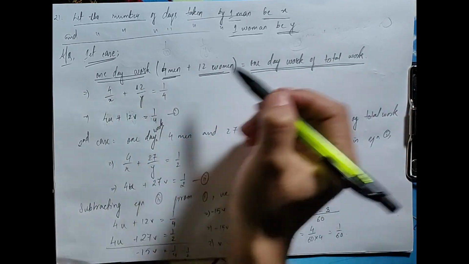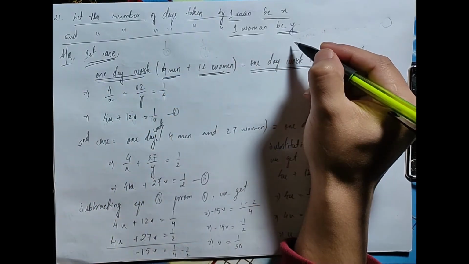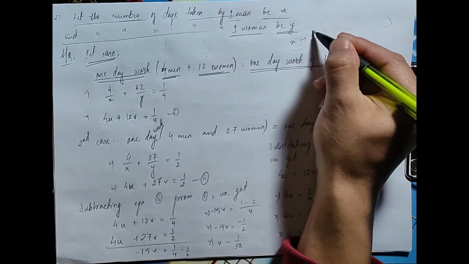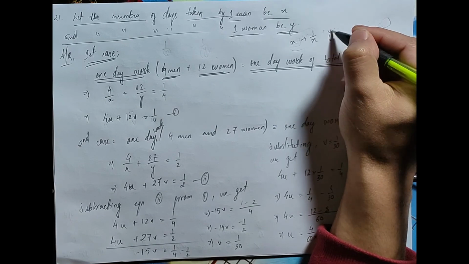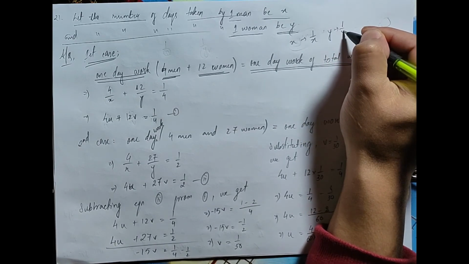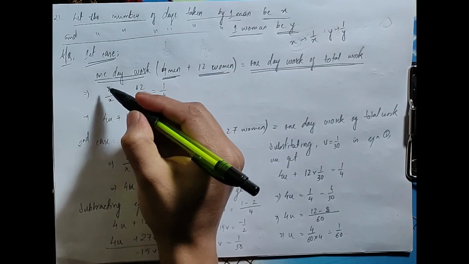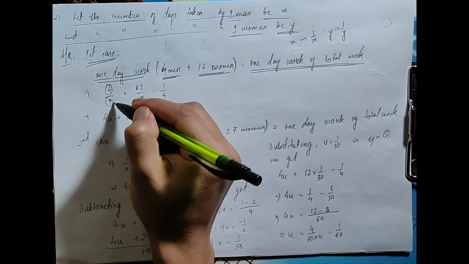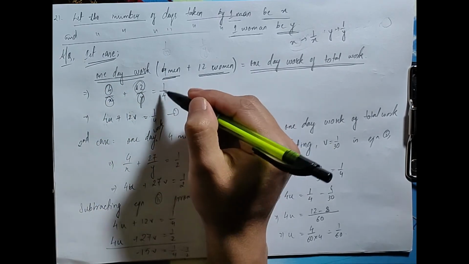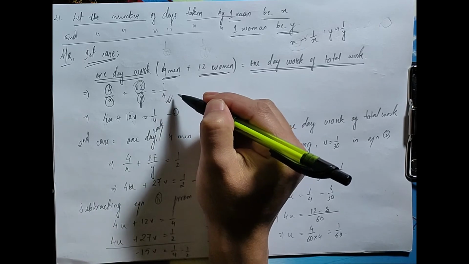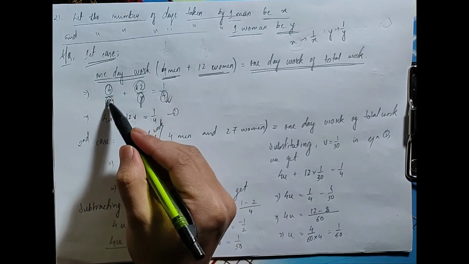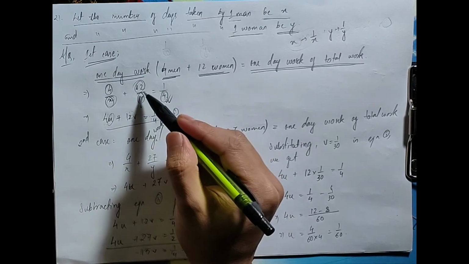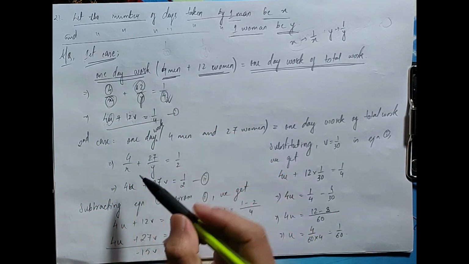So 1 day work of x men will be 1 by x, whereas 1 day work of y women will be 1 by y. Since there are 4 men, it will be 4 by x, 12 by y is equal to 1 by 4. Since there are 4 number of days, if you substitute 1 by x to be u and 1 by y to be v, this is what you get.